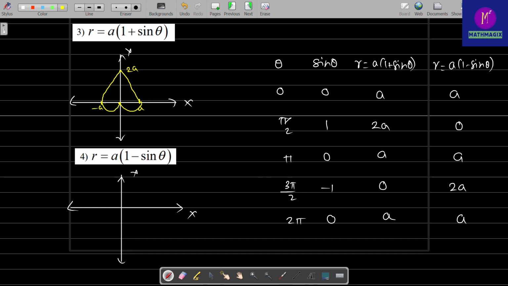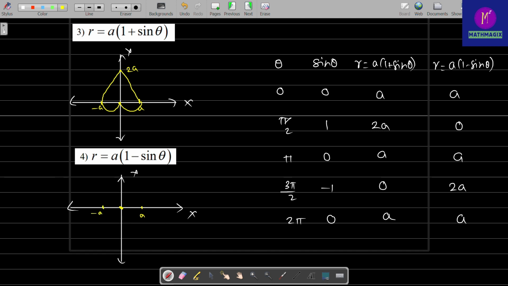Same way, let us draw r equals a into 1 minus sine theta as well. So for this, first we will have r equals a for angle 0. Then we will have r equals 0 for angle pi by 2. Then we will get r equals a for angle pi.